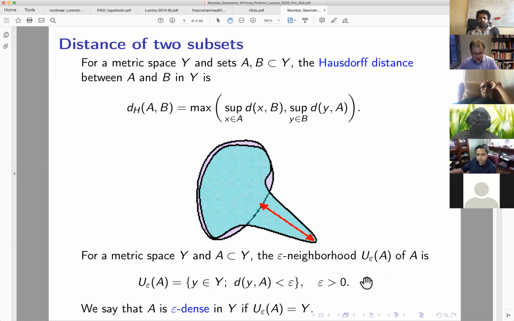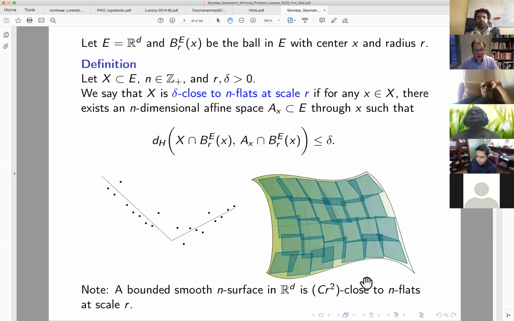And I systematically use this term that we say that subset A is epsilon dense in metric space Y if its epsilon neighborhood is the whole space. These are the concepts that we are using. So how to test if some point cloud is such that there is some smooth manifold that approximates it.